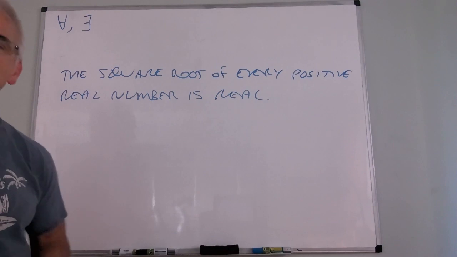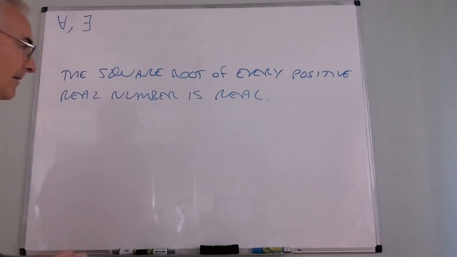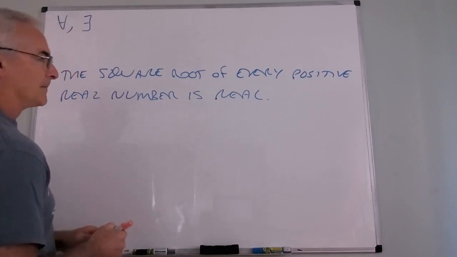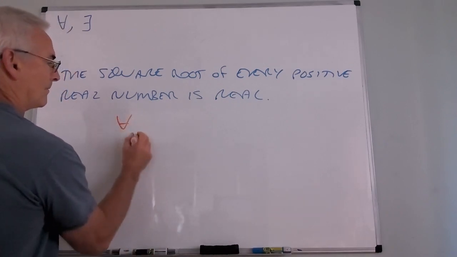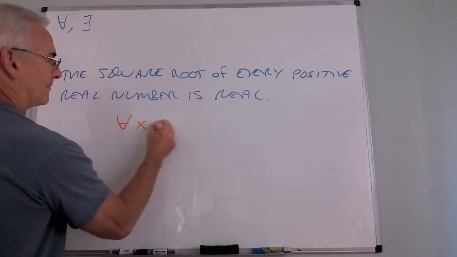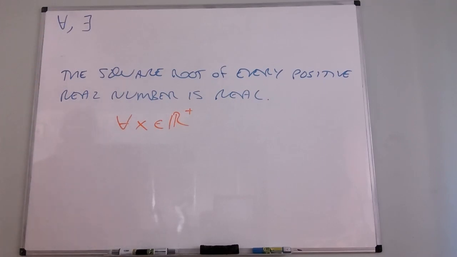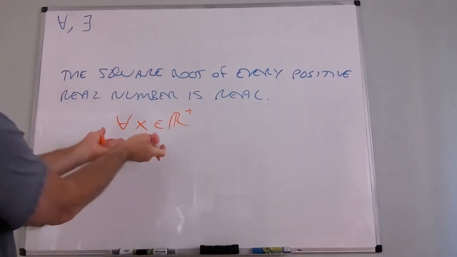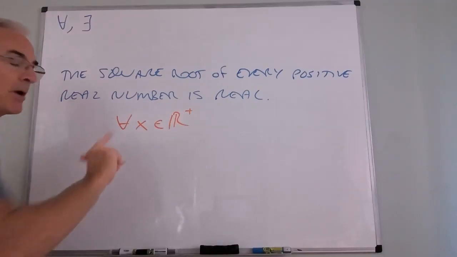We want to keep this really simple. Anybody want to start this for me? You can use a for all quantifier and then make x an element of R plus. Beautiful. Let's just stop there for a moment. Right now, this says every positive real number.